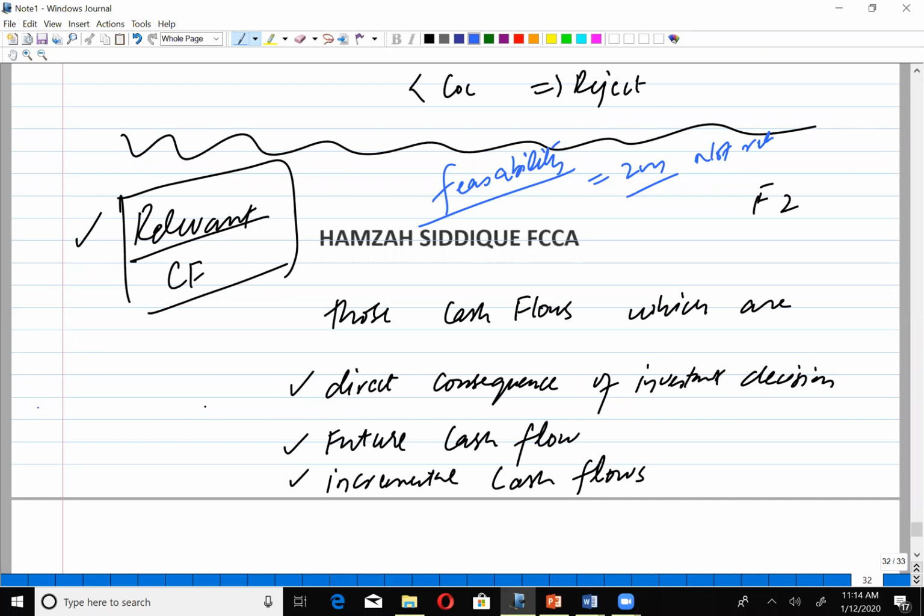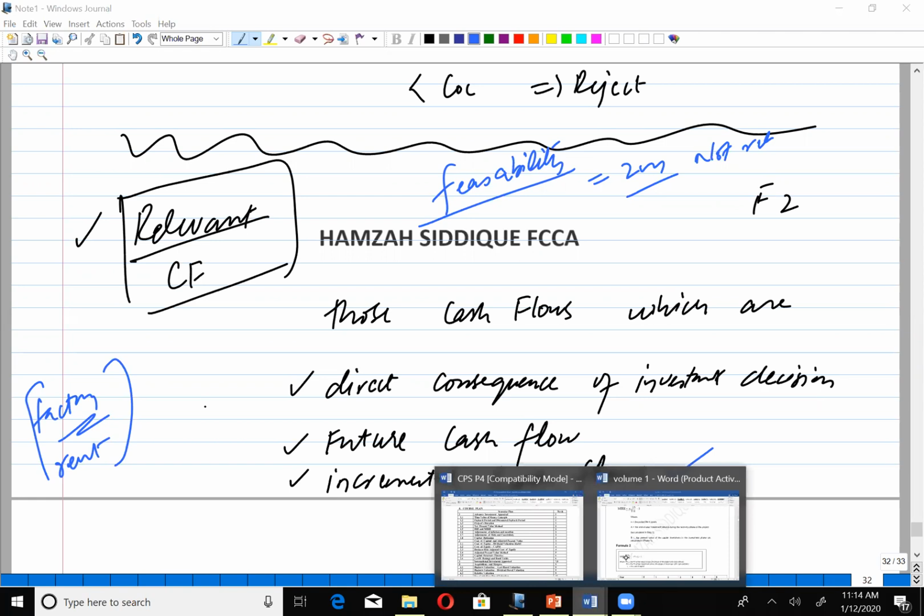The company already has a factory and is already paying rent on it. Launching a new project which will be managed in the same factory, the factory rent will not be charged to the project because it is not incremental. It is already being paid.